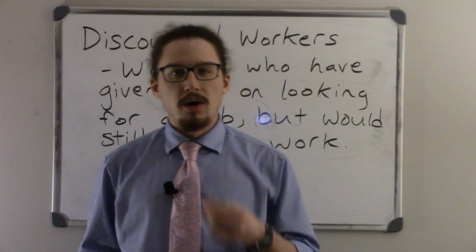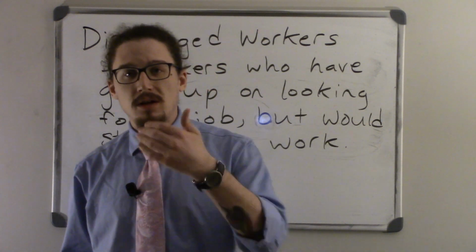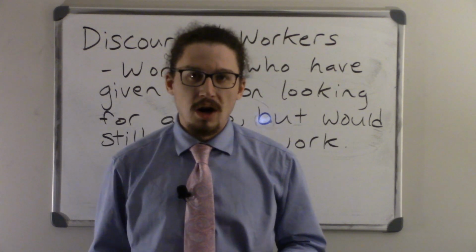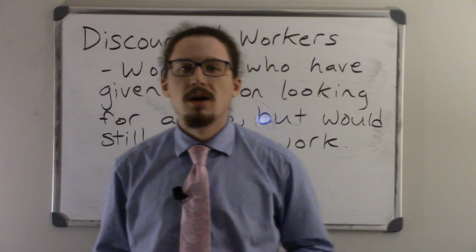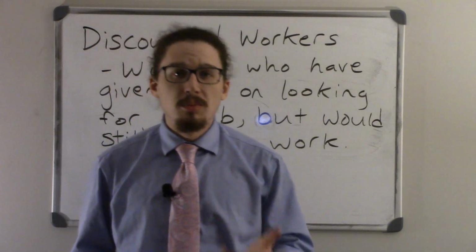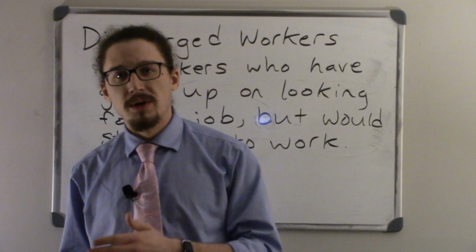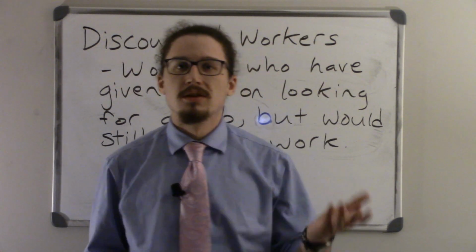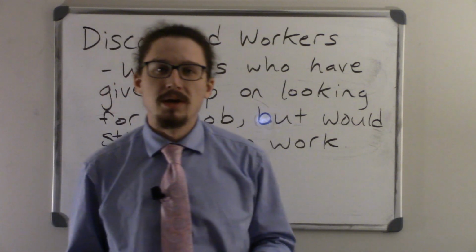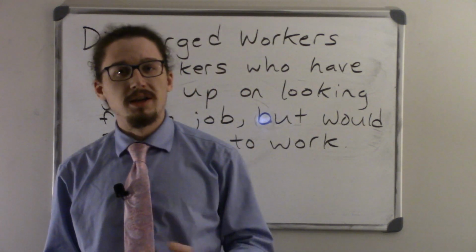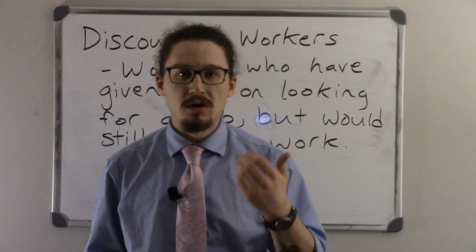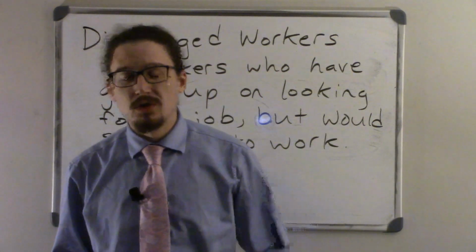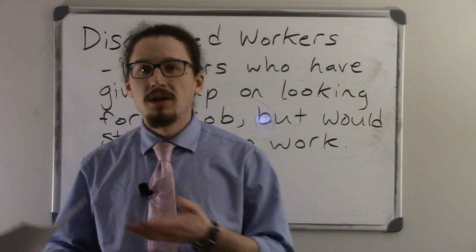So this has two effects on the unemployment rate. One, when we first start having a lot more discouraged workers, they're no longer included in the unemployment rate calculation, and so it's going to appear as though the unemployment rate is going down. Economists commented on this during the recession, saying, hey, we're seeing a drop in the unemployment rate, which usually is an indication that the economy is getting stronger and returning to its former strength.